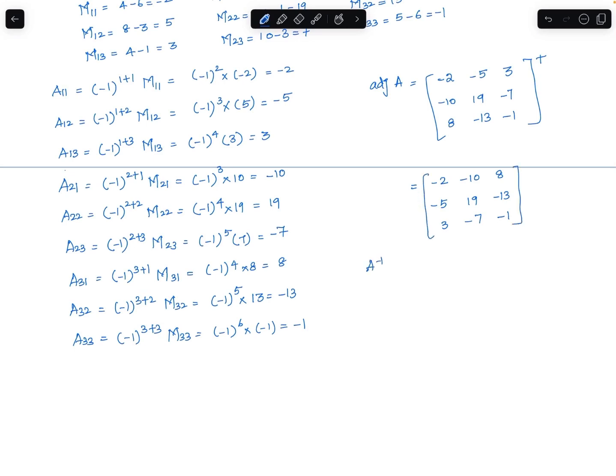A inverse is equal to 1 by determinant of A, which is minus 22, times adjoint, that is minus 2, minus 10, 8, minus 5, 19, minus 13, 3, minus 7 and minus 1.